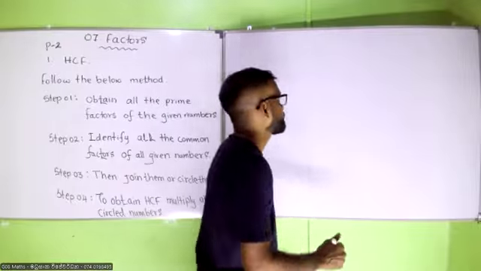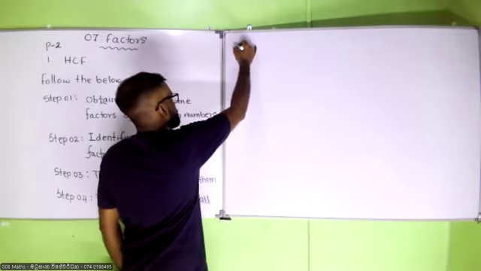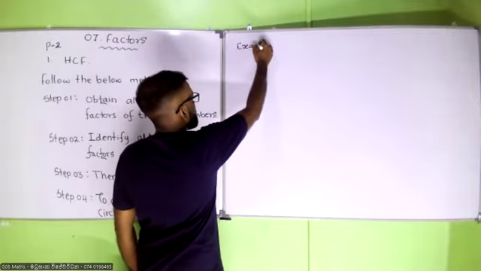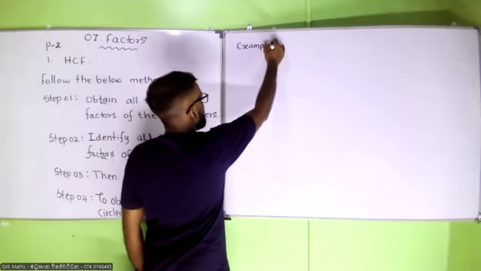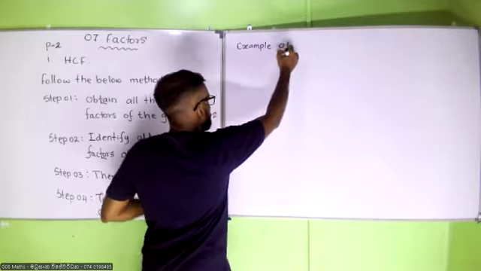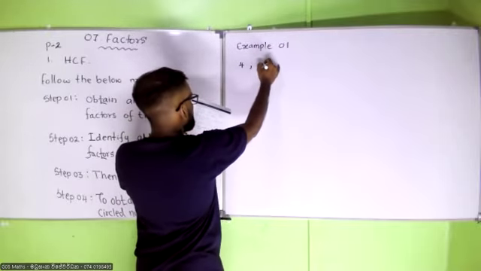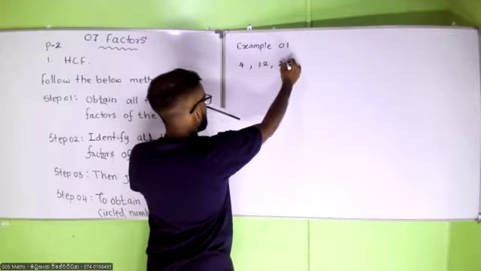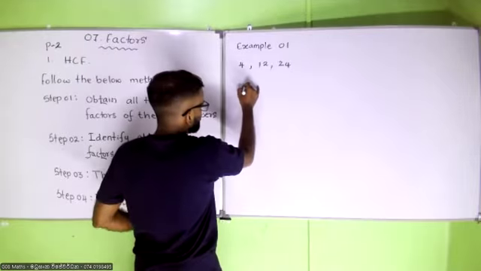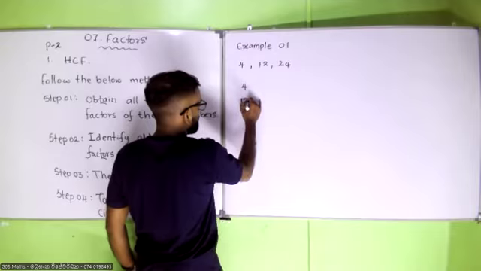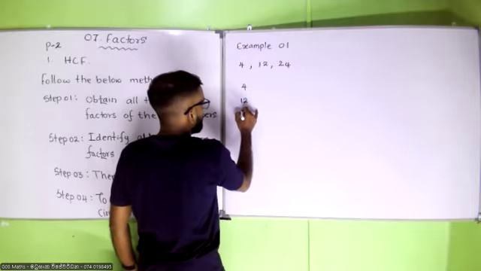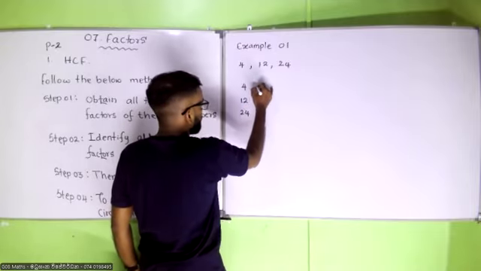Example number 1. You have to find the HCF of 4, 12, 24. So I will write them in a vertical manner.